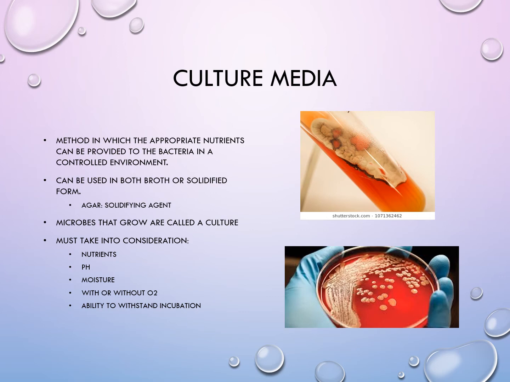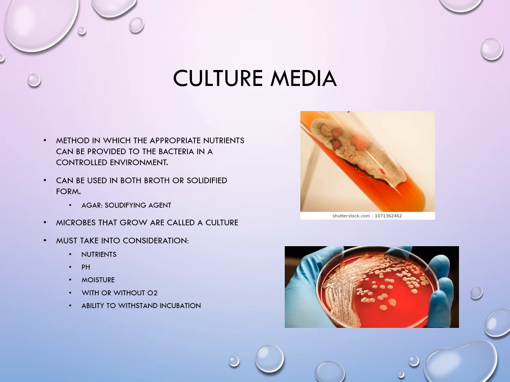Okay, so culture medium needs to be a happy place for the microbes to grow. It has to be an environment that is habitable to the bacteria. So if the bacteria like a certain type of nutrients like sugar, then it needs to have that.